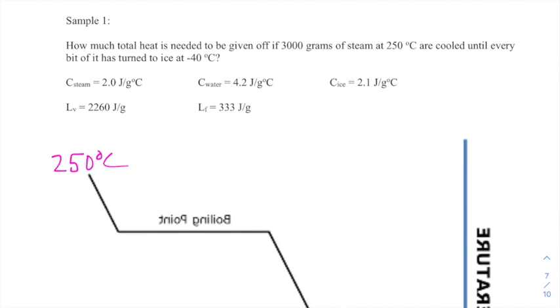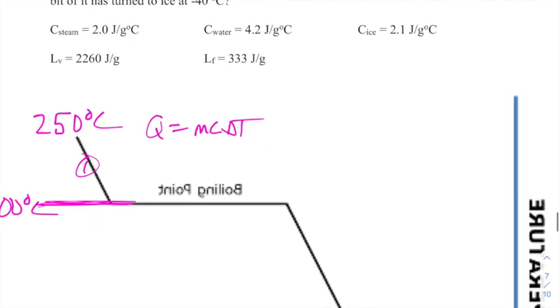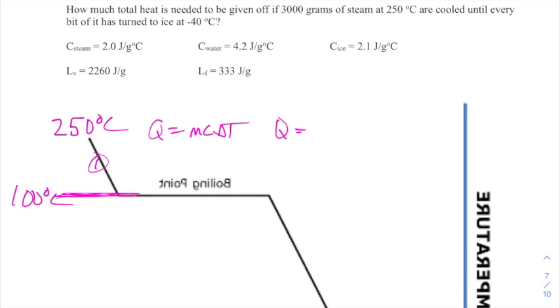So where is the boiling point here? Where does steam condense down into liquid water? Well, that's at 100 degrees Celsius, all right? So my step 1 is Q equals MC delta T. My Q is going to be equal to 3,000 grams times the specific heat capacity. Now, careful, it's not 4.18, it's not 4.2, because this is steam, not liquid water.